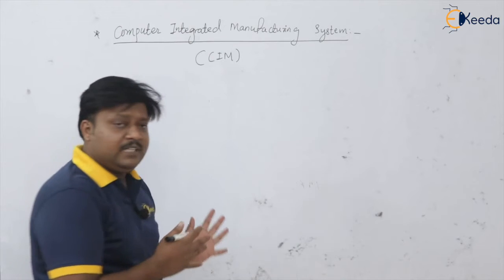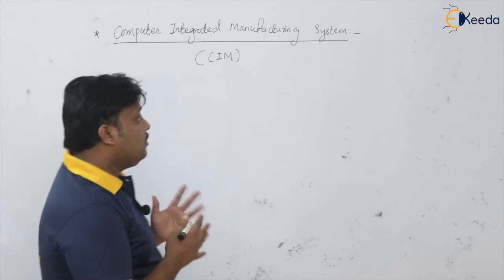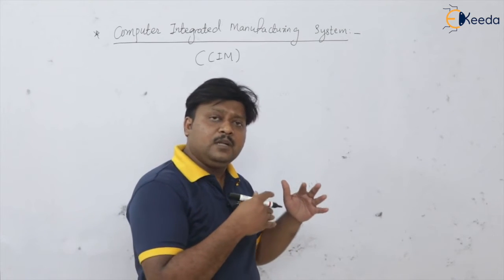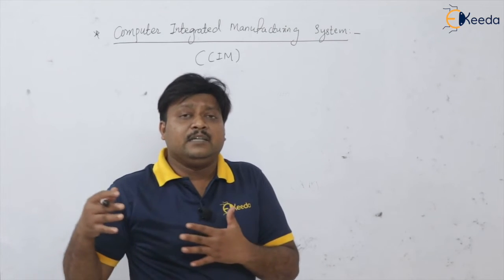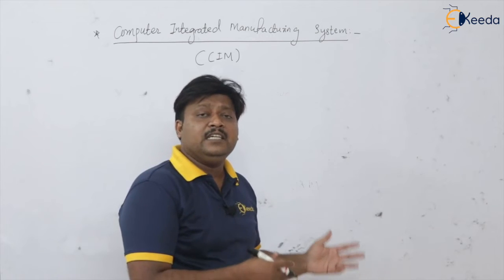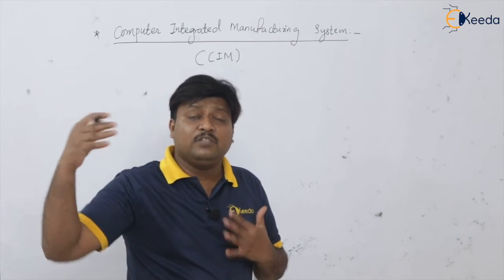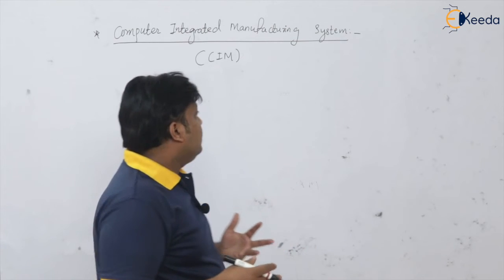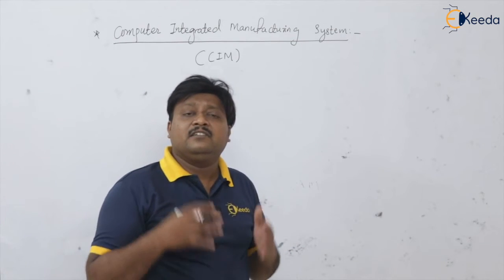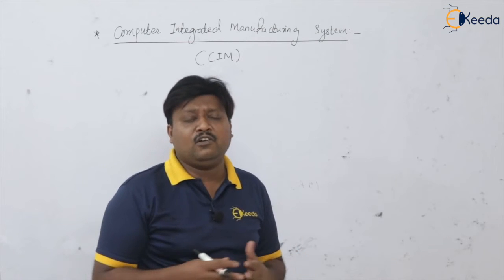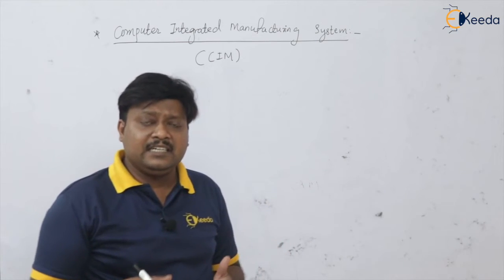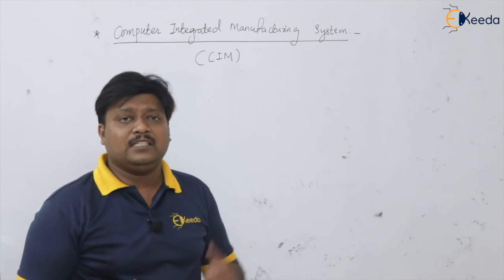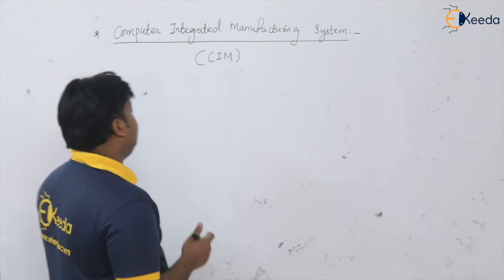Say directly from the stage of ordering, then product design, analysis, process planning, then manufacturing, up to the assembly and inspection, up to the dispatch. So all these activities, which are the various departments in the organization, are interconnected with each other. It is known as computer integrated manufacturing system.